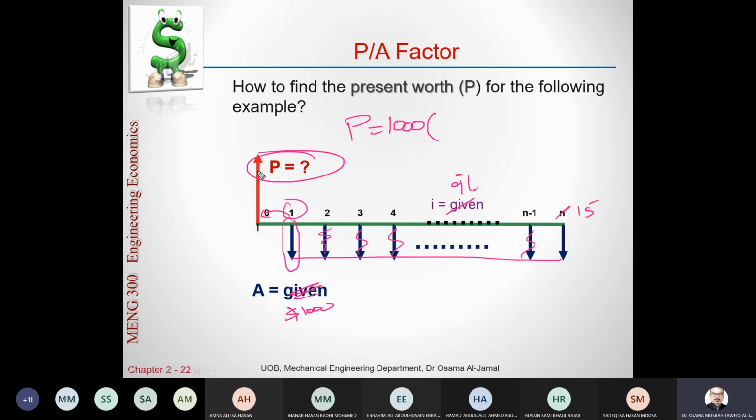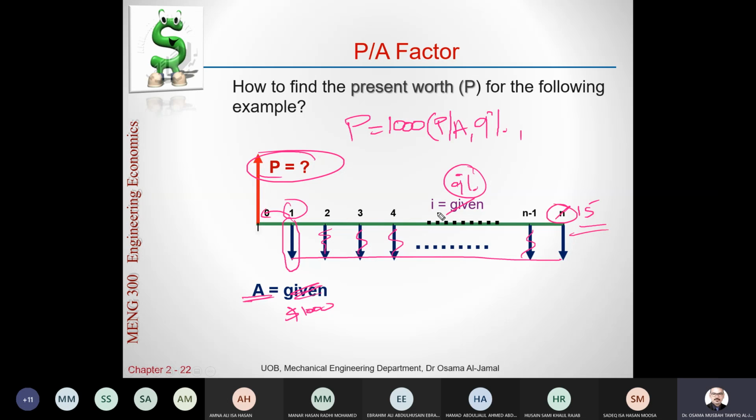Open the bracket now. What do we want to find? We want to find that P, given this annuity here, the interest 9%, and N, how much is it?